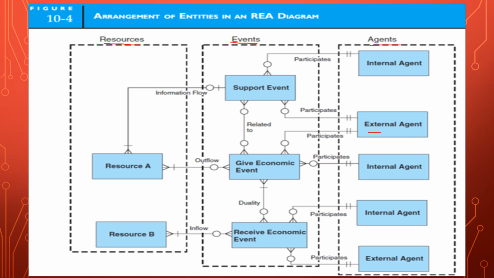The external agent participates to send, let's say, the customer order, and then this one checks the availability of the item, so they will check the resource custody event of the resource.